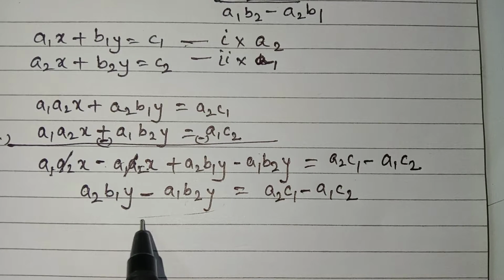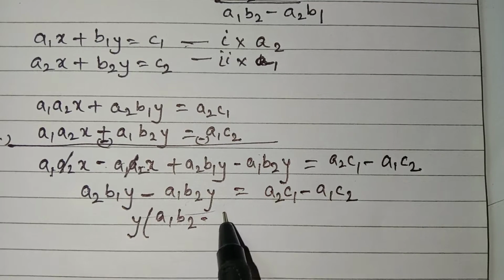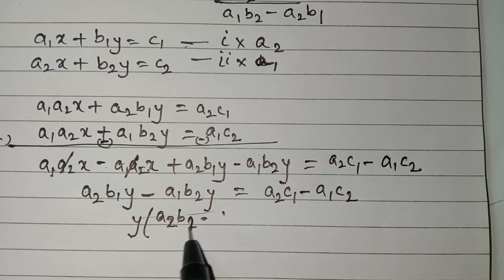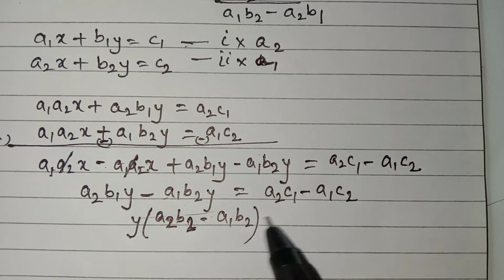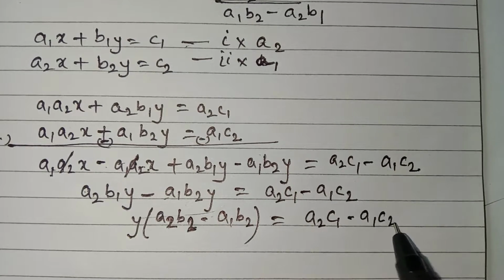If I take y common from here, then I get (a2b1 minus a1b2) y equal to a2c1 minus a1c2.